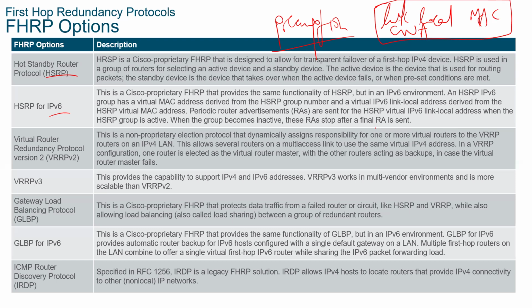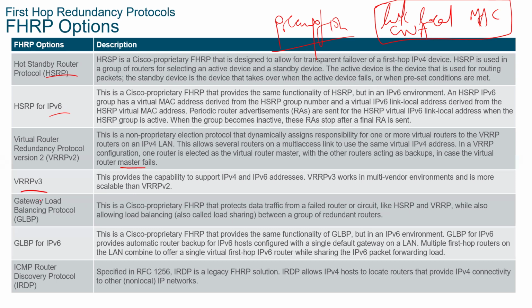VRRP uses master and backup. When the master fails, the backup takes over. But I think the working principle stays the same, because there's a group of routers which create a virtual IP, and basically that's it.